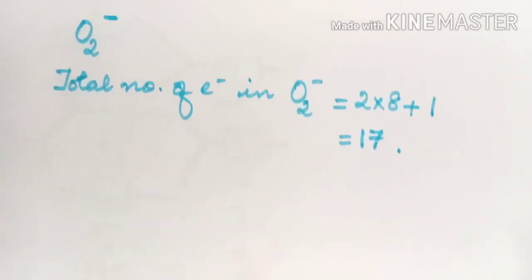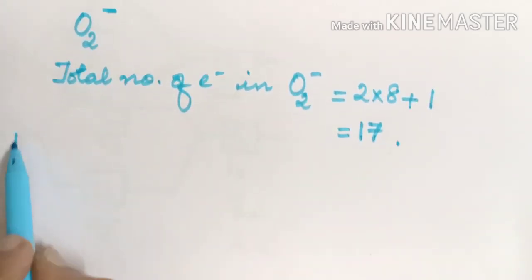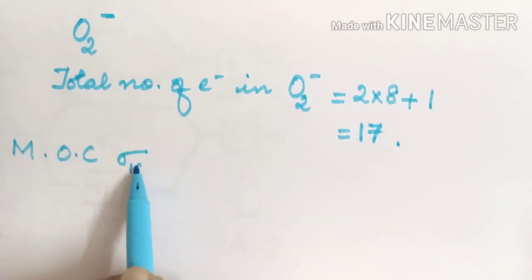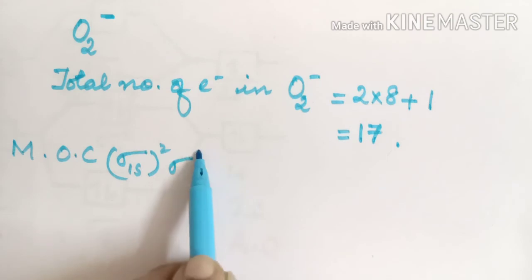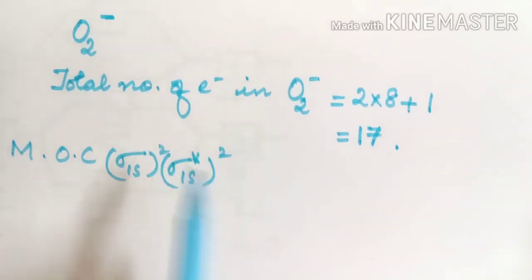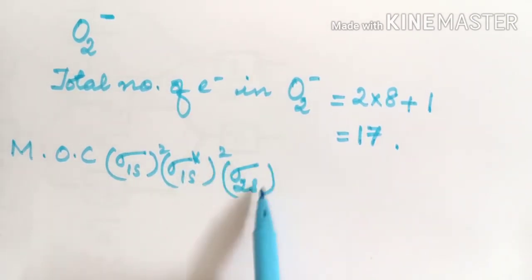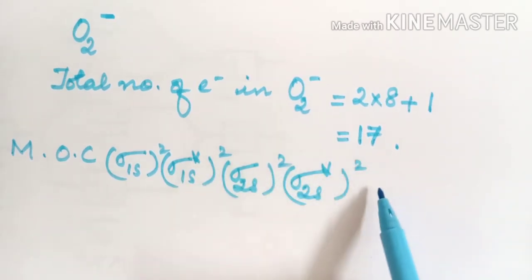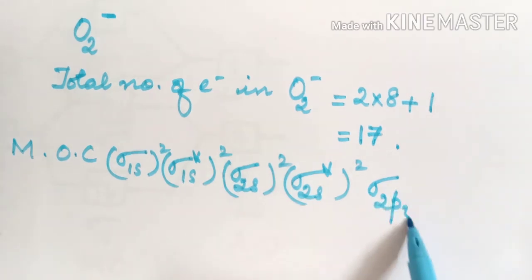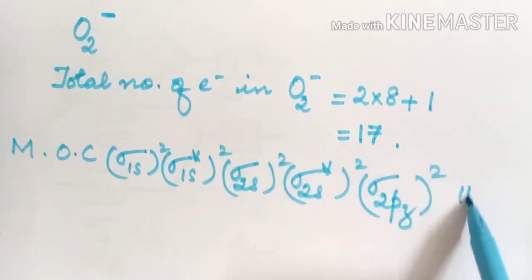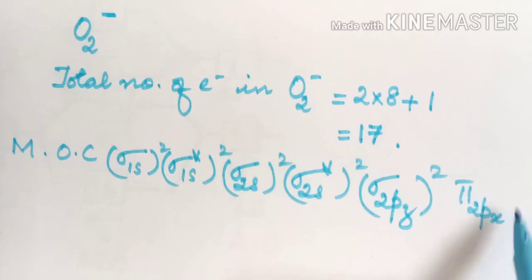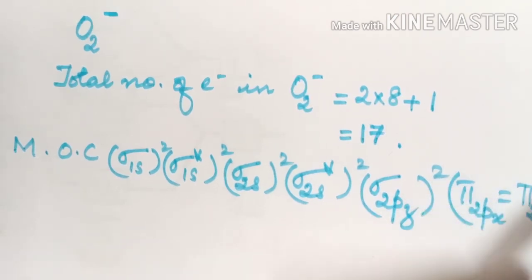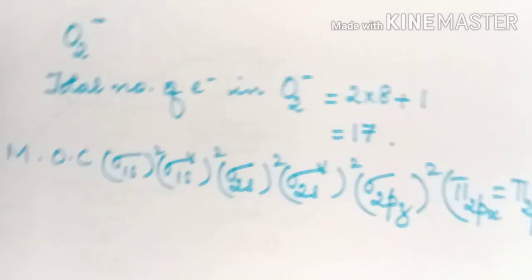So what will be the molecular orbital configuration? The molecular orbital configuration will be sigma 1s2, sigma star 1s2, sigma 2s2, sigma star 2s2, sigma 2pz2, then pi 2px equal to pi 2py. A total of 4 electrons will be arranged here.